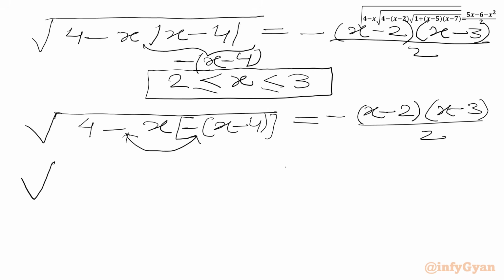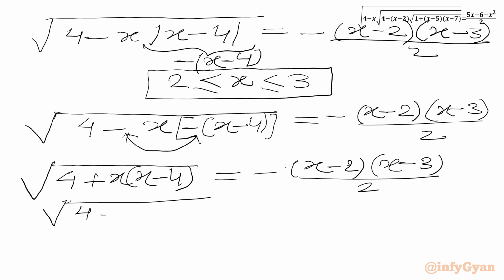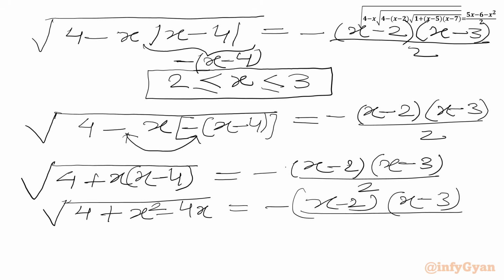So I will write here square root of 4 plus x times x minus 4 equal to minus of x minus 2 times x minus 3 over 2. Now we'll write square root of 4 plus x square minus 4x equal to minus of x minus 2 times x minus 3 over 2.